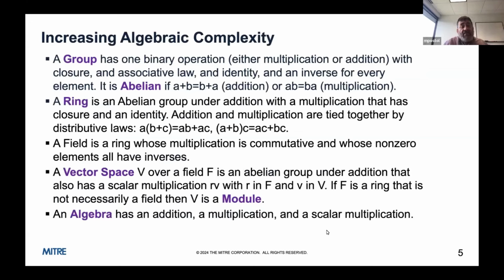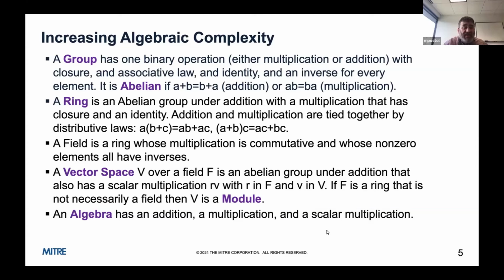All right, so again, we increase algebraic complexity. A group just has one operation, addition or multiplication. If it's commutative, then it's an abelian group. A ring also has addition, but also a multiplication, and the two are tied by a distributive law.